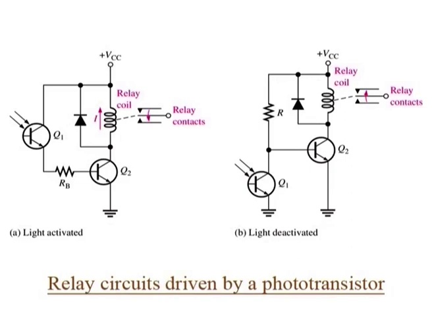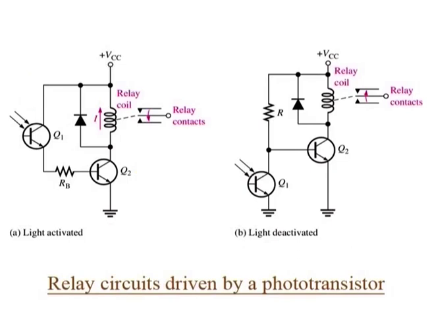When there is sufficient incident light on Q1, transistor Q2 is driven into saturation and collector current through the relay coil energizes the relay. The diode across the relay coil, by its limiting action, prevents a large voltage transient from occurring at the collector of Q2 when the transistor turns off.